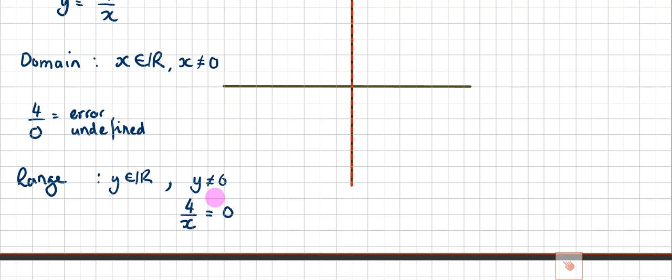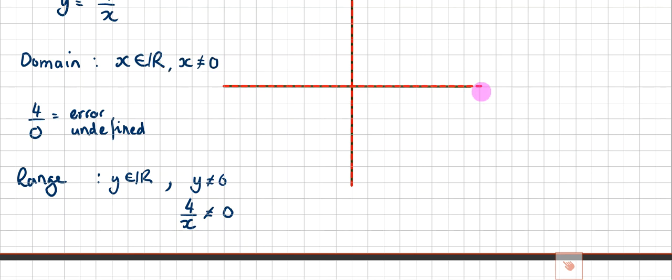So there are times when fractions can be equal to 0, which is when the numerator is 0. That is possible, but in this case it is never going to happen, so y can't equal 0. Can y equal any other number? Yeah. So we do have another asymptote at y equals 0.